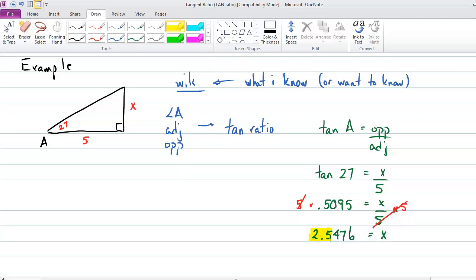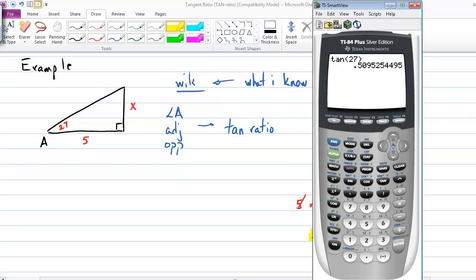Now, if you've done that calculation on your calculator and when you press tan 27 you didn't get 0.5095, you have to go to your calculator. If you have a graphing calculator, you're going to press the mode function, and the third line down, you're going to see radian and degree. In grade 10, we want our calculator in degree mode.